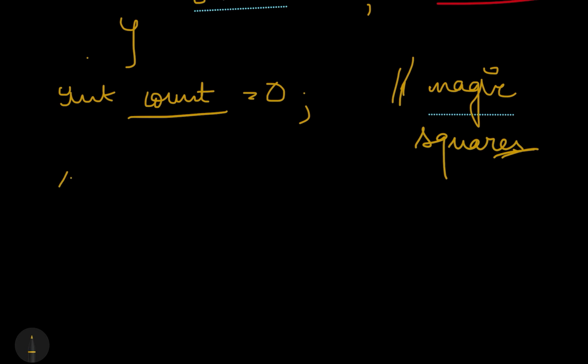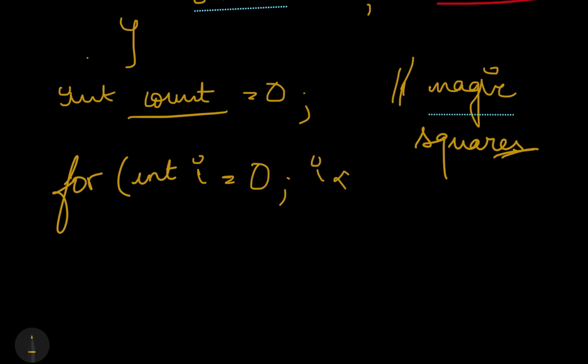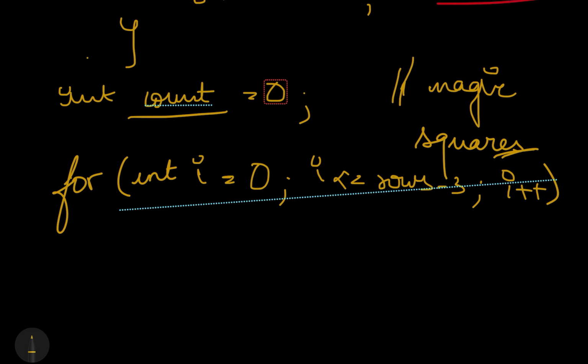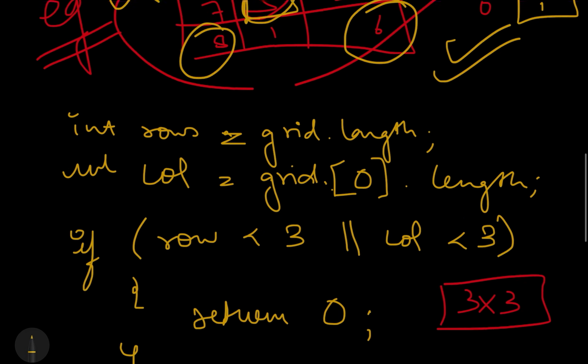So let's take for int i equal to 0, i less than or equal to rows minus 3, and i plus plus. Why are we doing minus 3? Because we have to take a 3 cross 3 matrix, and for that we need to skip the last rows, because it is not possible to start from there.